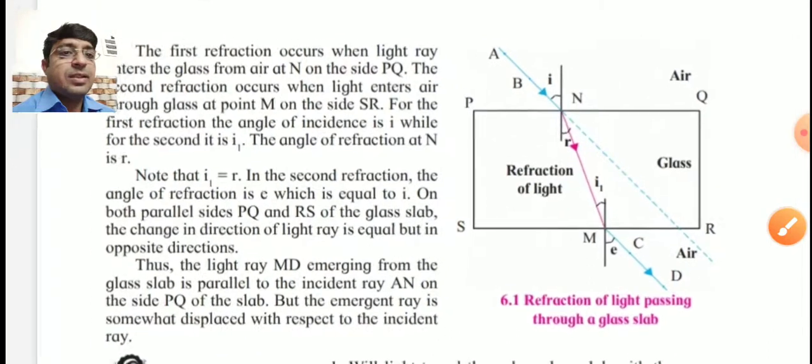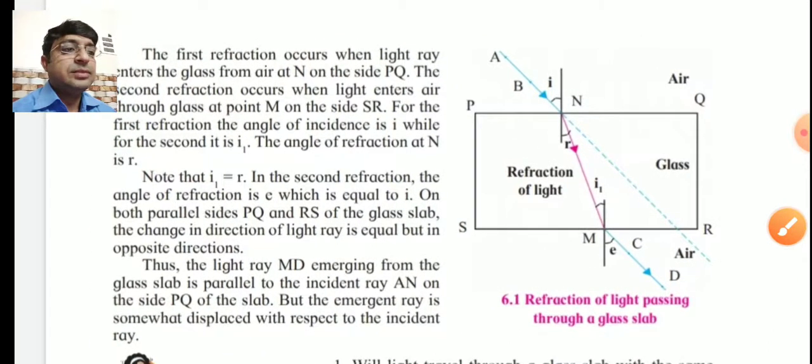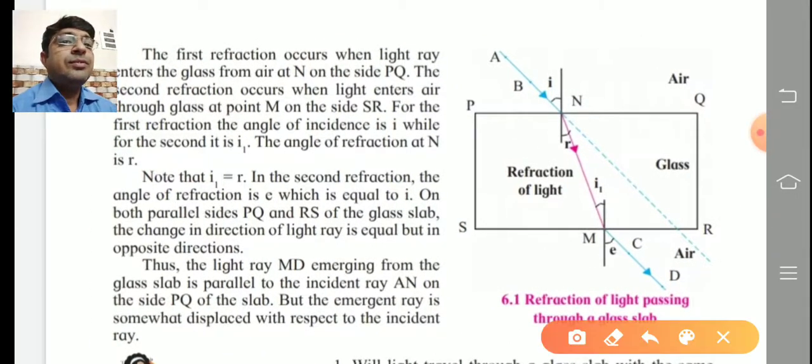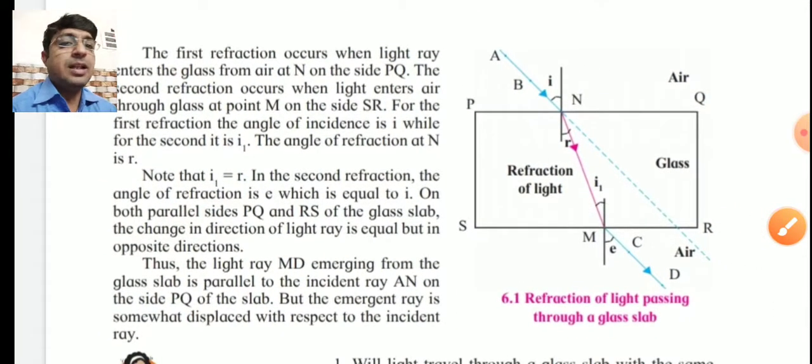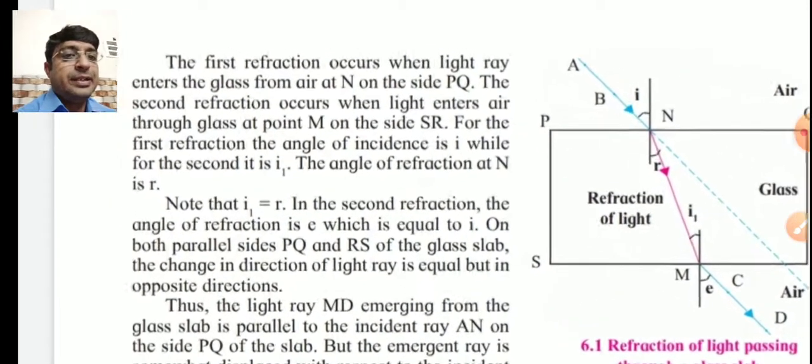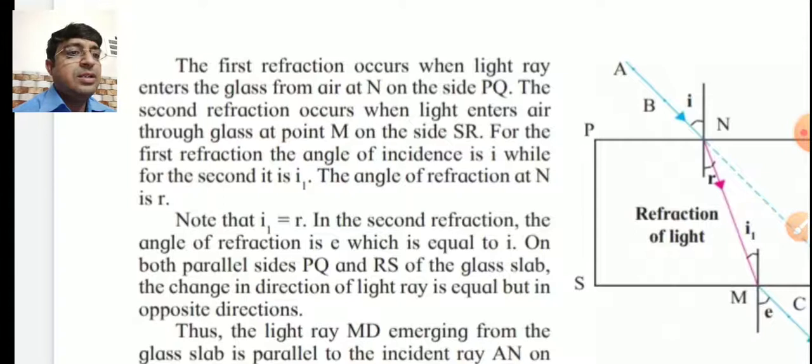First refraction occurs when the light ray enters the glass from air at point N on side PQ.